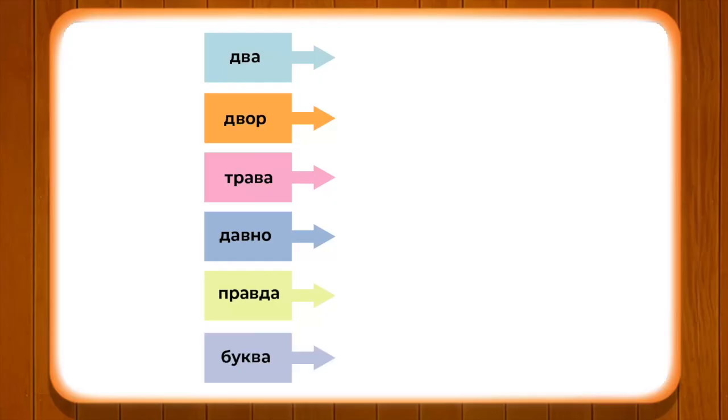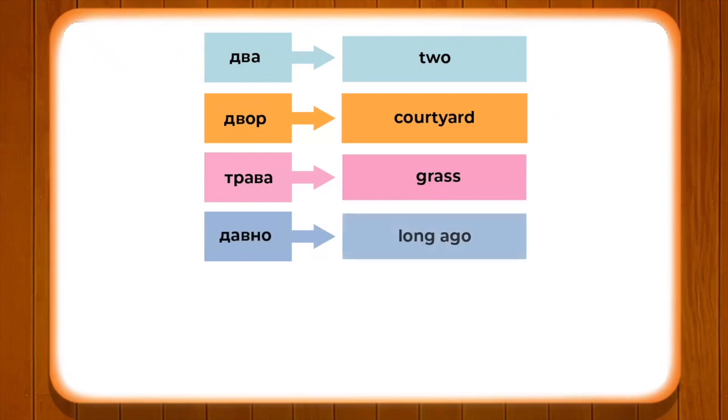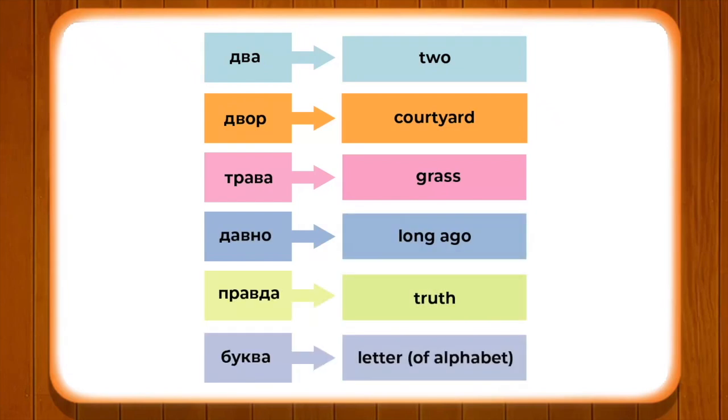Let us understand their meaning in English. Dva means two, dvor means courtyard, trava means grass, davno means long ago, pravda means truth and bukva means letter of an alphabet. Okay. All right.